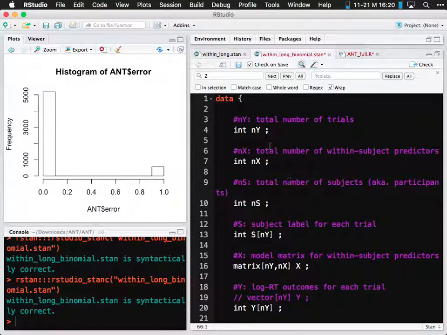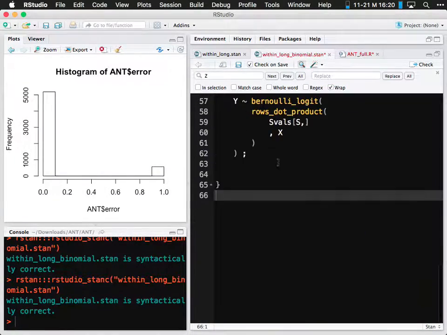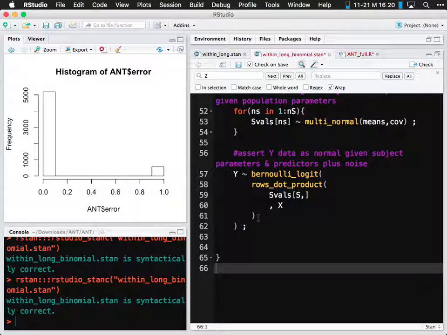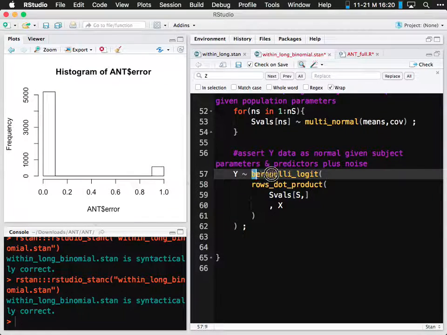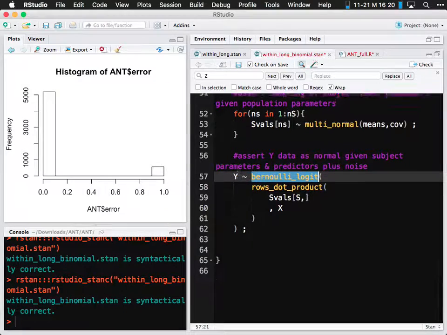Can you scroll to the bottom? I'm getting an error. What does your error say? First it says no matches for vector Bernoulli. Oh, okay.